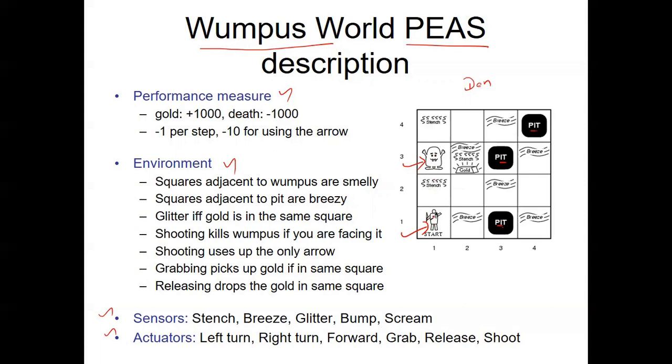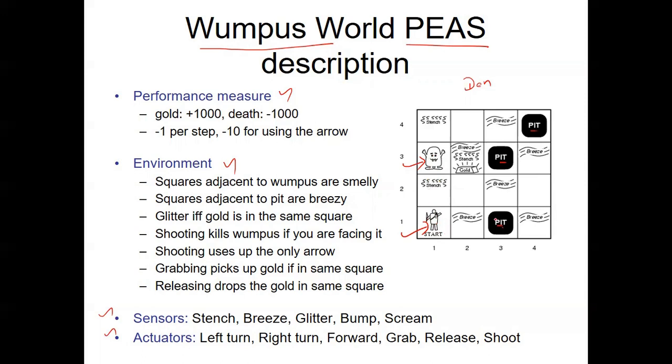For example, if the agent meets the Wumpus face to face, and if he has the arrow and shoots, then the Wumpus will die. But the agent has only one arrow. Okay, so this is the second condition, and we have certain hints.